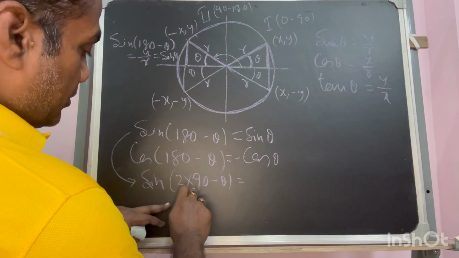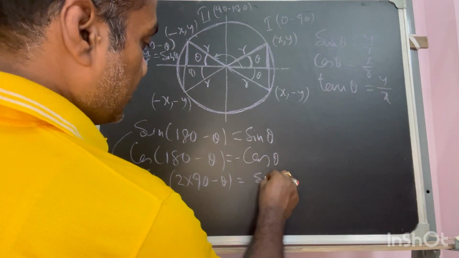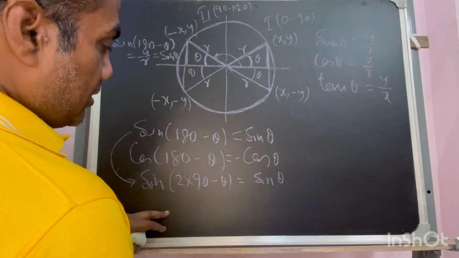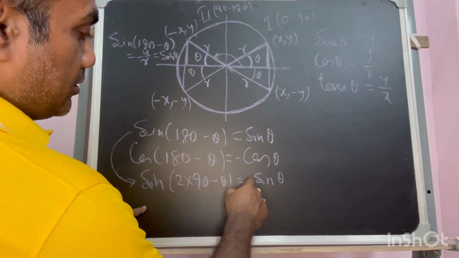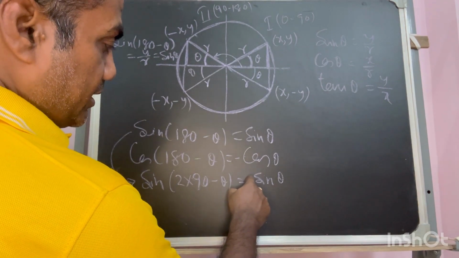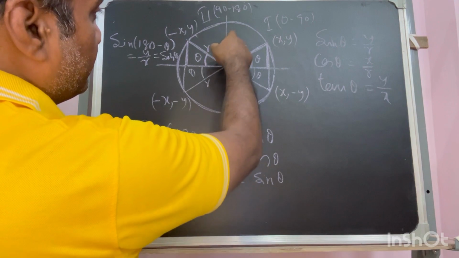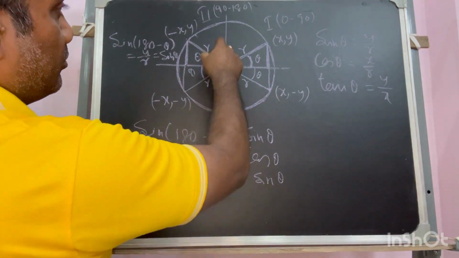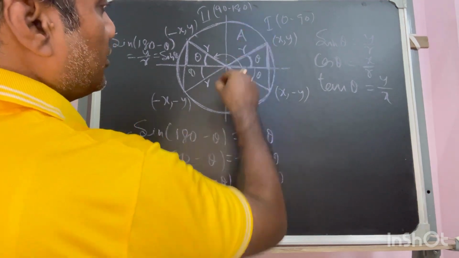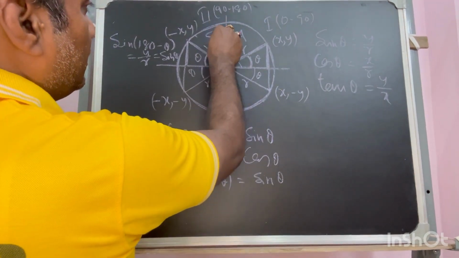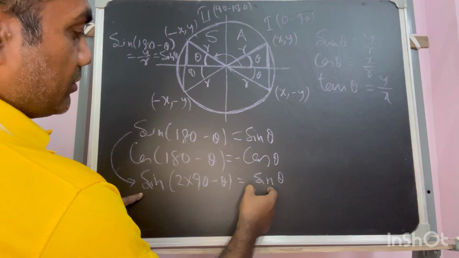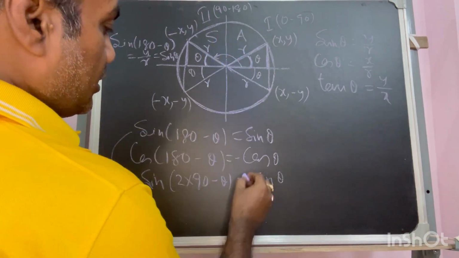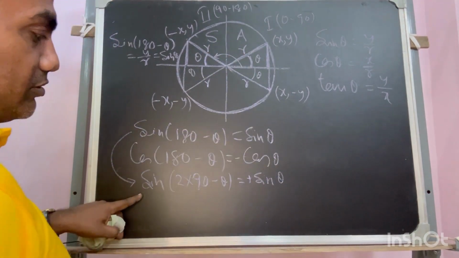When it is an even multiple of 90 degree, the sine ratio will remain sine, but the sign, plus or minus, will be decided according to the position of the ratio, because here in the second coordinate only sine is positive. So sine remains followed by a plus sign, it will not change.